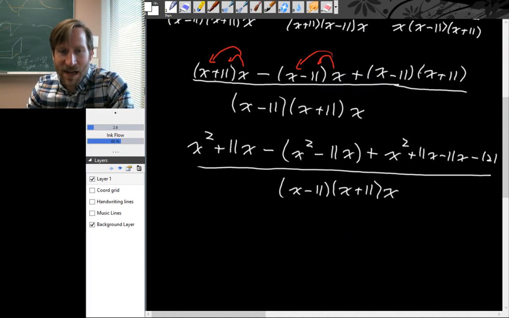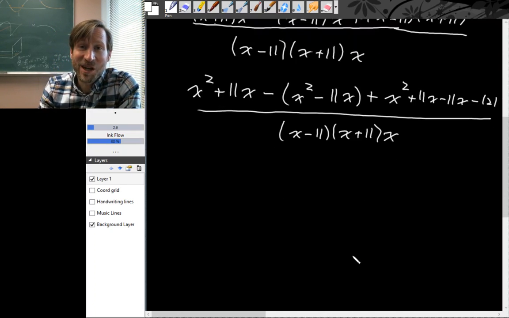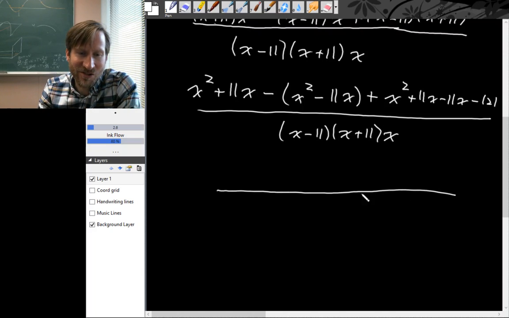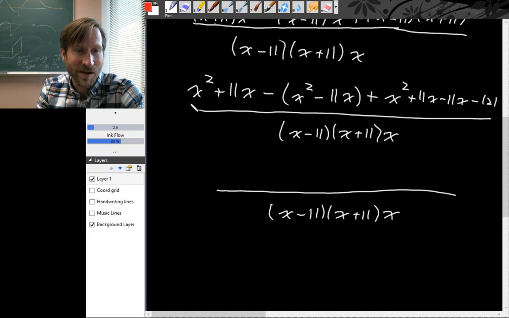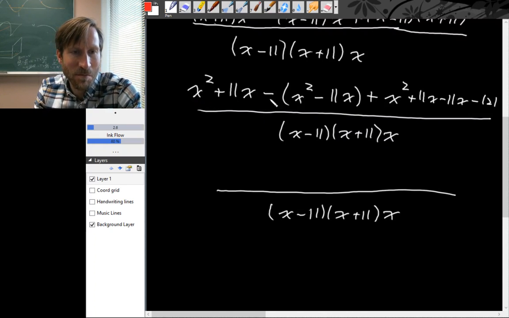All right, now that we have everything multiplied out, we can combine like terms in our numerator. Our denominator is going to stay the same, x minus 11 times x plus 11 times x. Before we combine, let's distribute this minus sign right here.